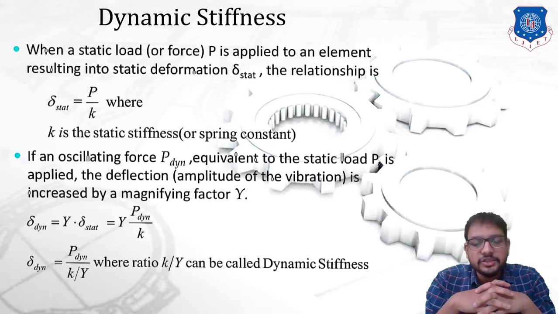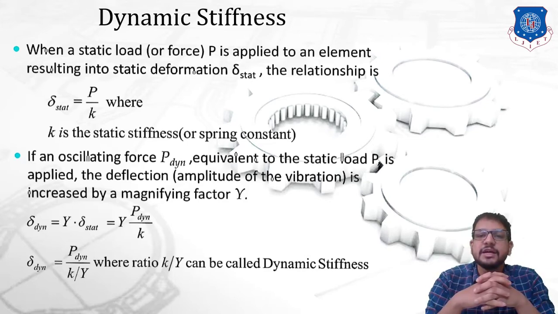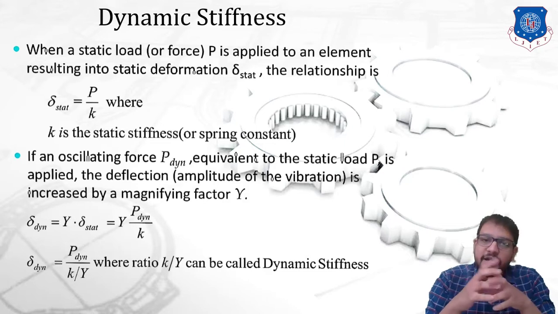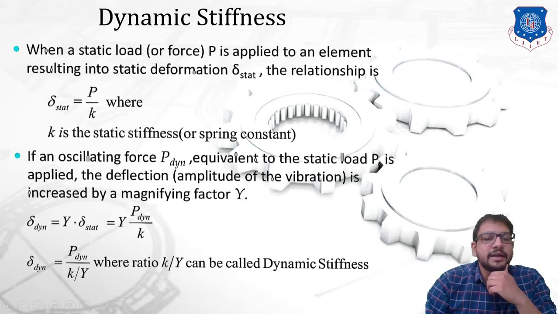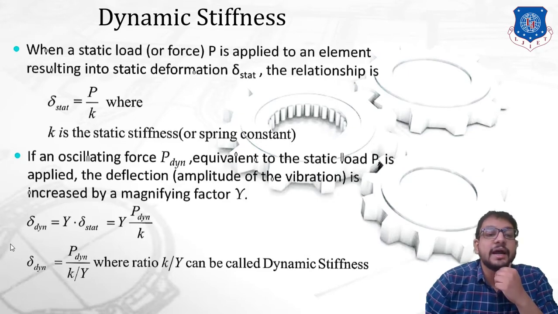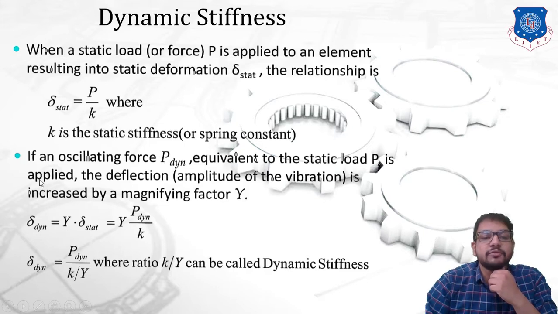The magnification factor is basically the ratio of dynamic displacement to static displacement. So gamma is delta dynamic upon delta static. Making delta dynamic the subject, the equation becomes delta dynamic is equal to gamma delta static, where gamma is our magnification factor.